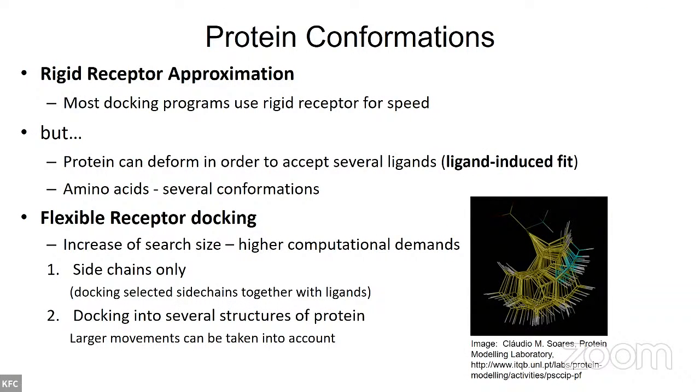Then another thing which is important to notice is the conformations of the individual amino acids. Because usually when we do the docking, in order to make it quick, we use one structure which is completely rigid. But of course, that's not what happens.